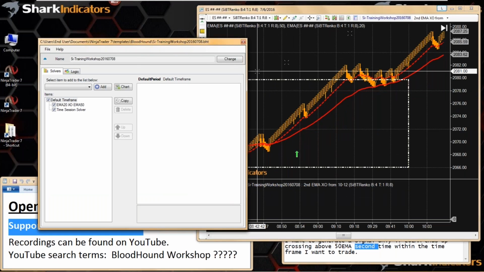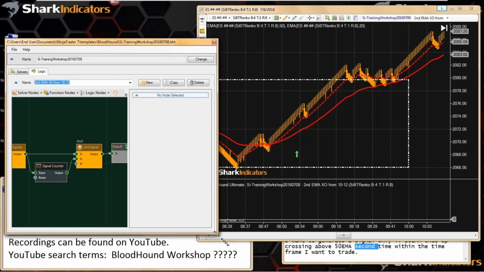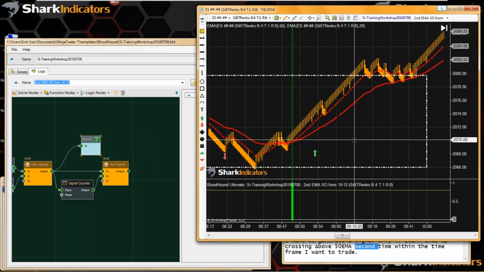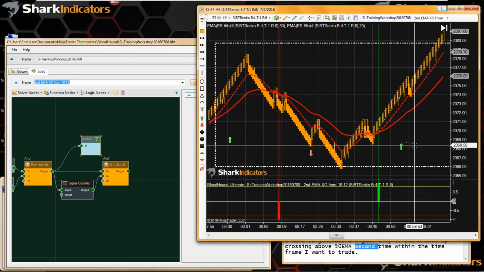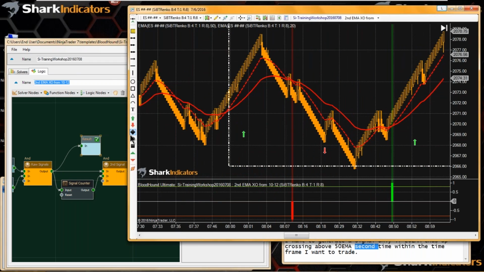Let me pull up BloodHound here, and let's take a look at the raw signals there. Let's pull the chart back over. And, oh yeah, right, our crossover is now over here. It's outside of our little 2-hour time block.